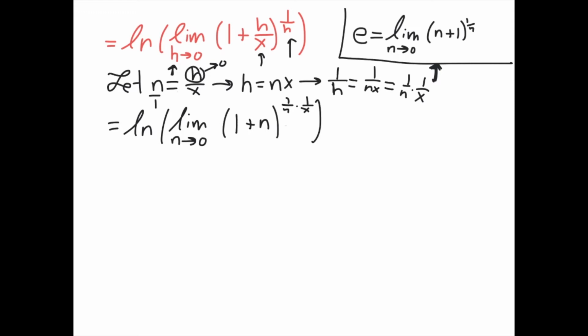All right, now, getting back into our rules, next we're going to use a little exponent rule: when you have exponents multiplied together like that, there's another way that you can look at this. This is ln of the limit as n approaches 0 of 1 plus n to the 1 over n, and that's what we want, to the 1 over x.